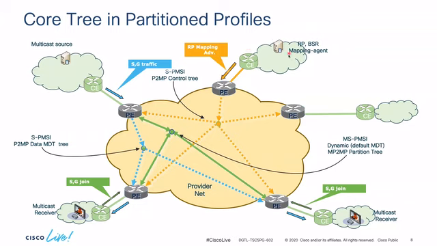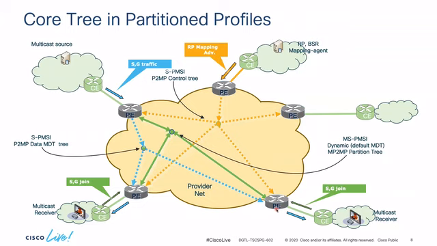So when traffic from an RP mapping agent is sent into the ingress PE here, all the other PEs will join this P2MP tree, so that the RP mapping information can be delivered to all the other PEs, and they can know the auto-RP information. So we now know this concept and all these core trees.